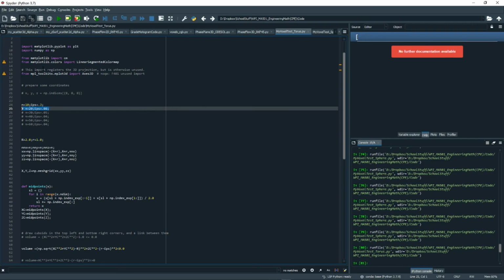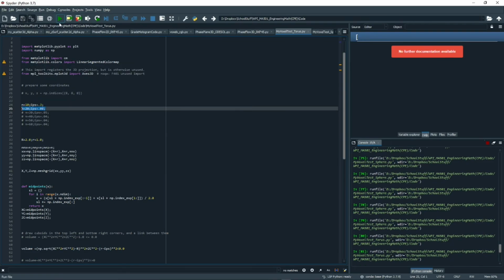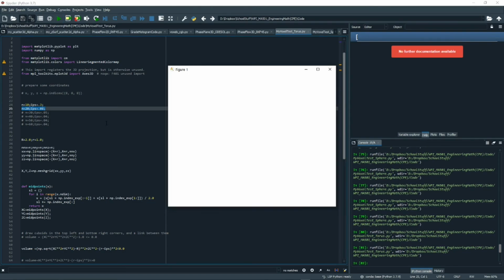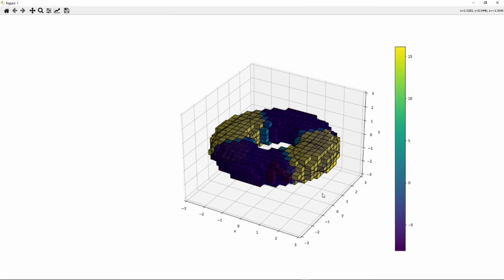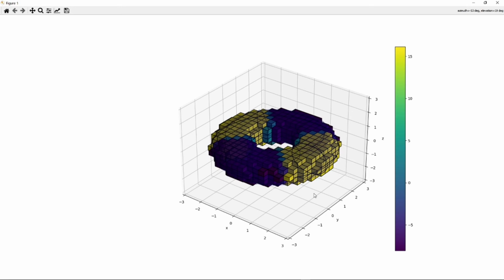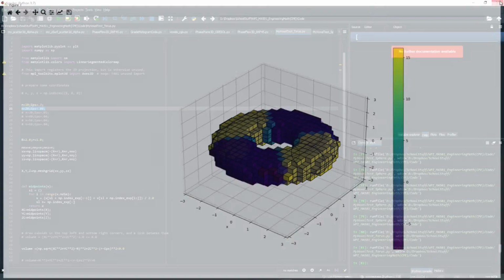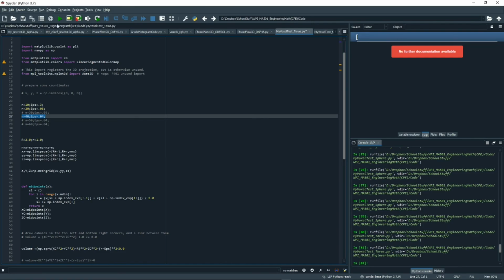This is for 10 cubes. This is for 20 cubes, and you can see that it's definitely getting closer and closer. We'll just jump up to 40 cubes.